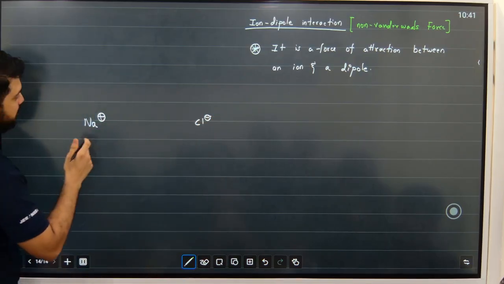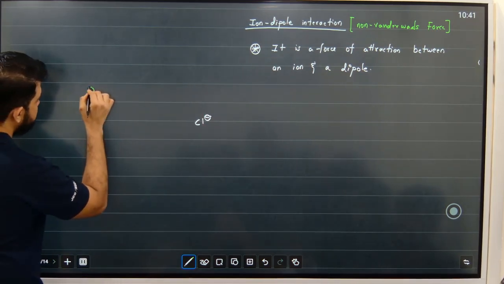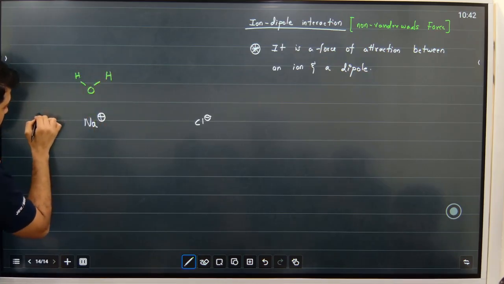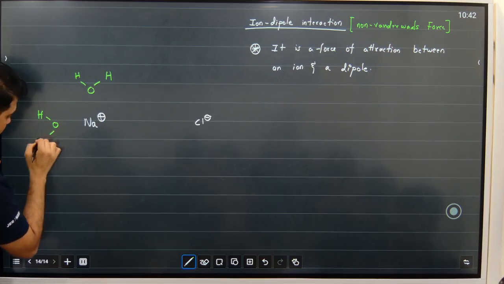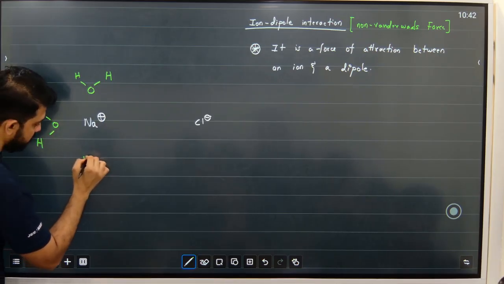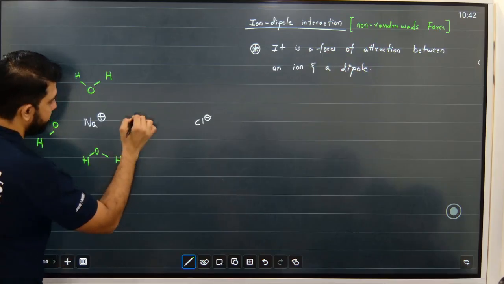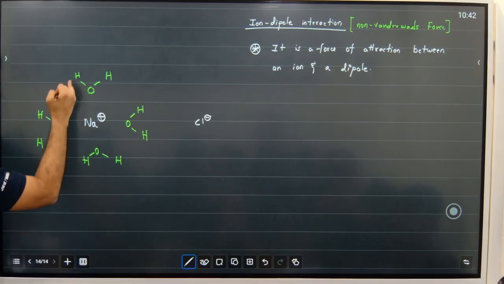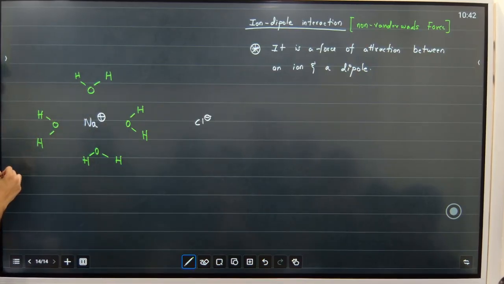Na plus ion, in water what happens? It gets surrounded by which molecule? H2O molecule. This is an ion. We know that H2O is a polar molecule, so it's a dipole.